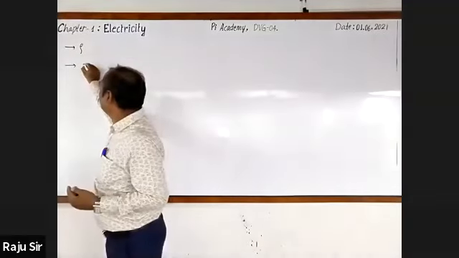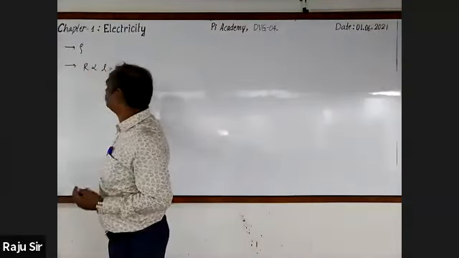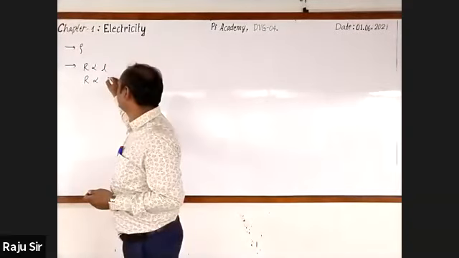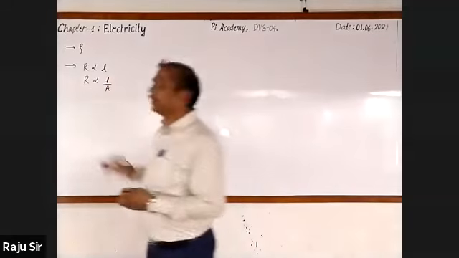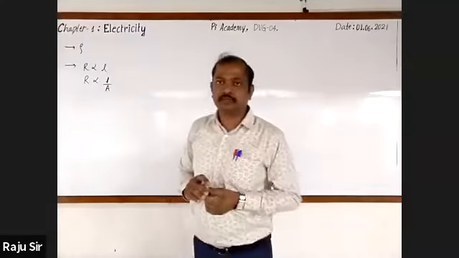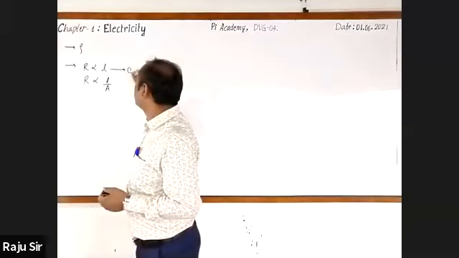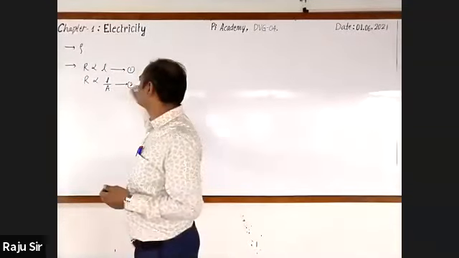We know that electric resistance is directly proportional to length of the conductor. It is also proportional to 1 by area of cross section, that is, inversely proportional to area of cross section. Take the first one as statement 1, second one as statement 2.